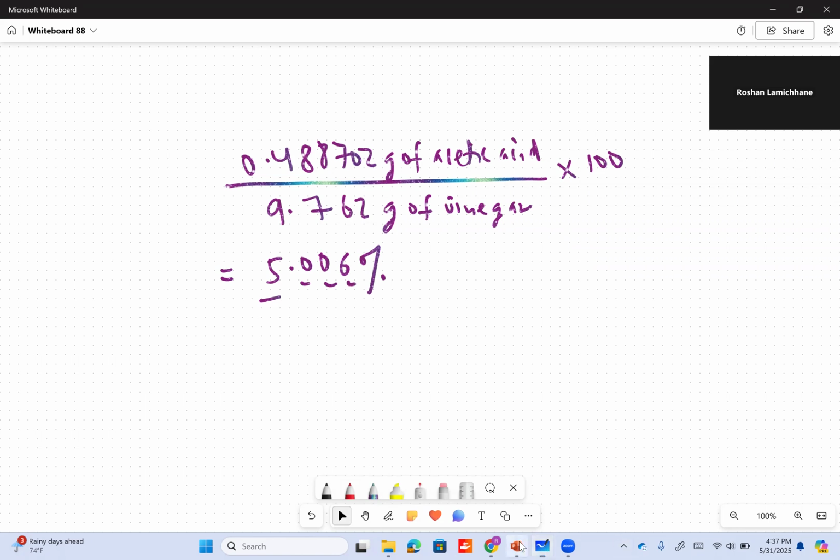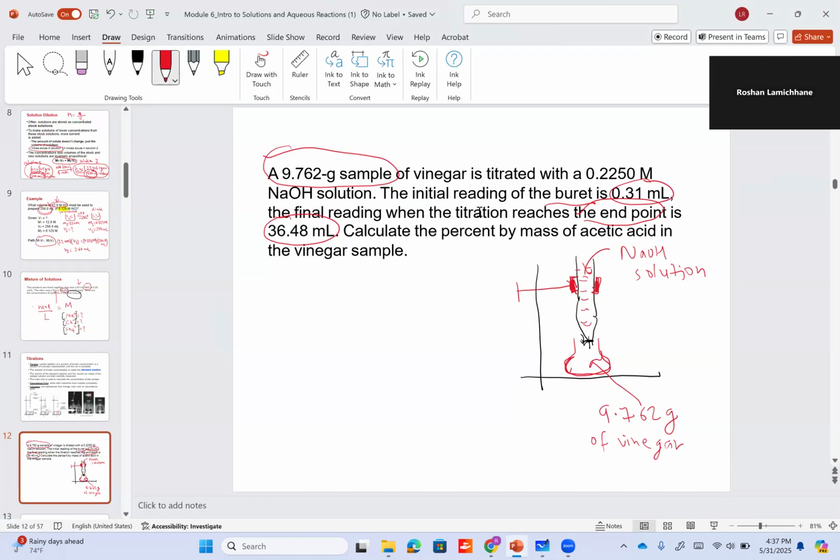Now again, if you look at this, I included 1, 2, 3, 4 sig figs because if you look at all my units, they have 4 sig figs. Keep in mind, you might be tempted to say, oh, but this only has 2 sig figs. But remember, if you subtract 0.31 mL from 36.48 mL, remember the technique I taught you?